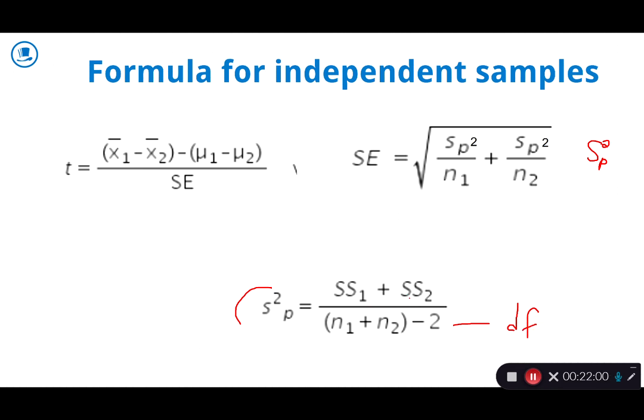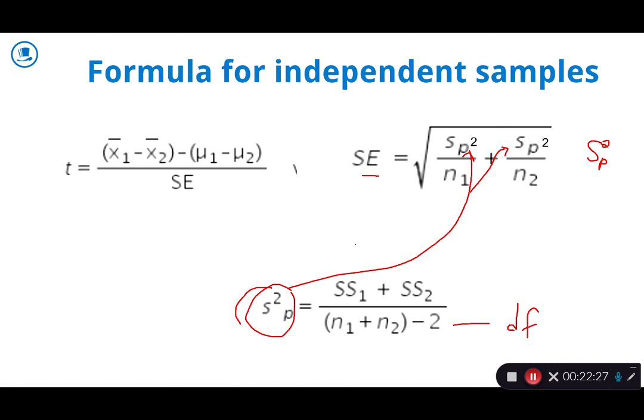Sums of squares, add them together, divide by degrees of freedom. That's a variance, right? Take this answer, and it goes in each of those spots. That's going to be the same number. There's only one pooled variance, and we use it twice in this formula for the standard error.